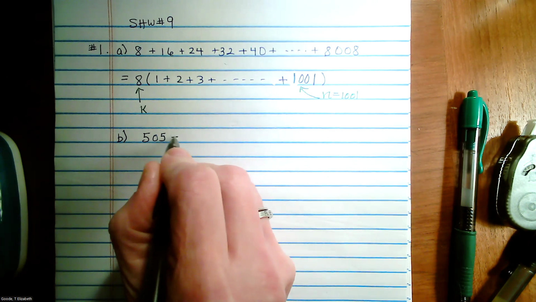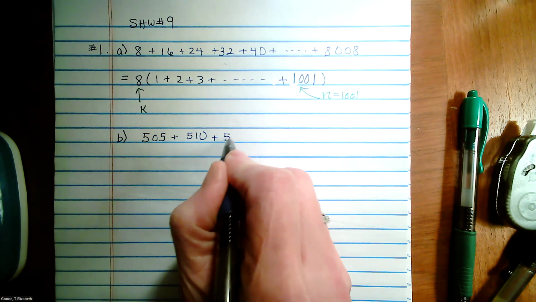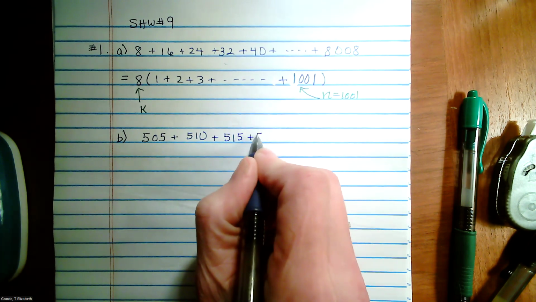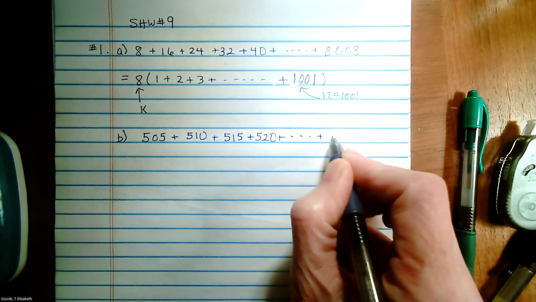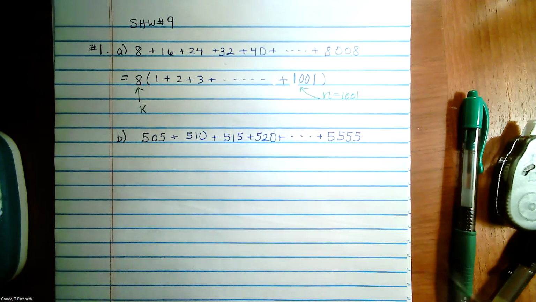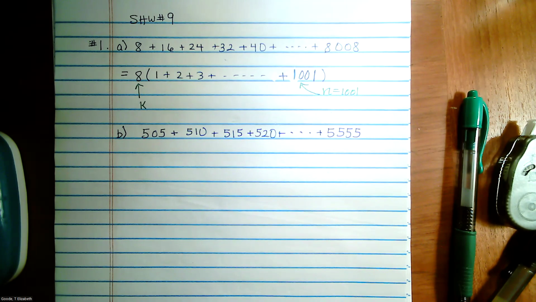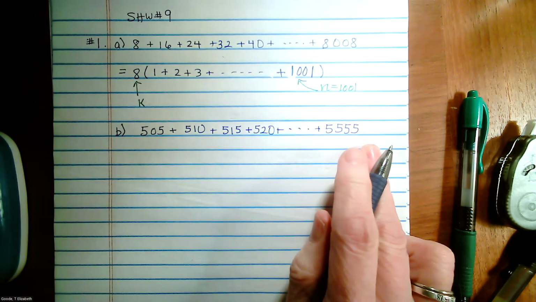It's 505 plus 510 plus 515 plus 520 plus keep on going up to 5555. Do you see how it's a combination of both of those situations?